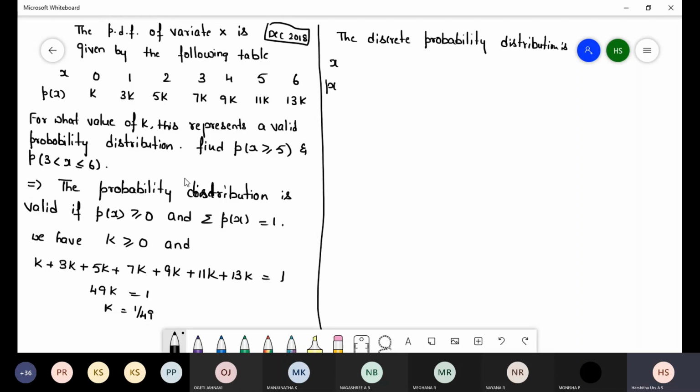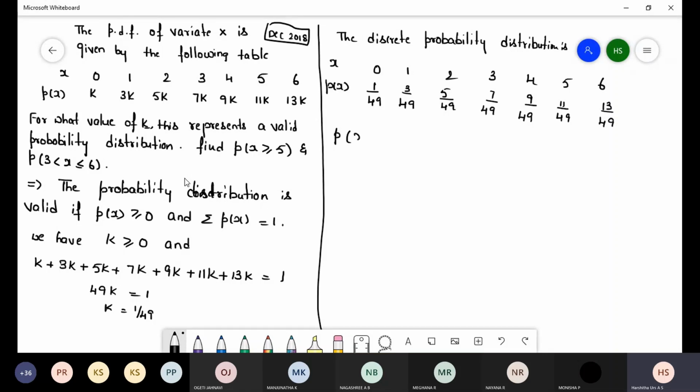For x: 0, 1, 2, 3, 4, 5, 6, the probabilities are 1 by 49, 3 by 49, 5 by 49, 7 by 49, 9 by 49, 11 by 49, and last, 13 by 49. This completes finding the k value.